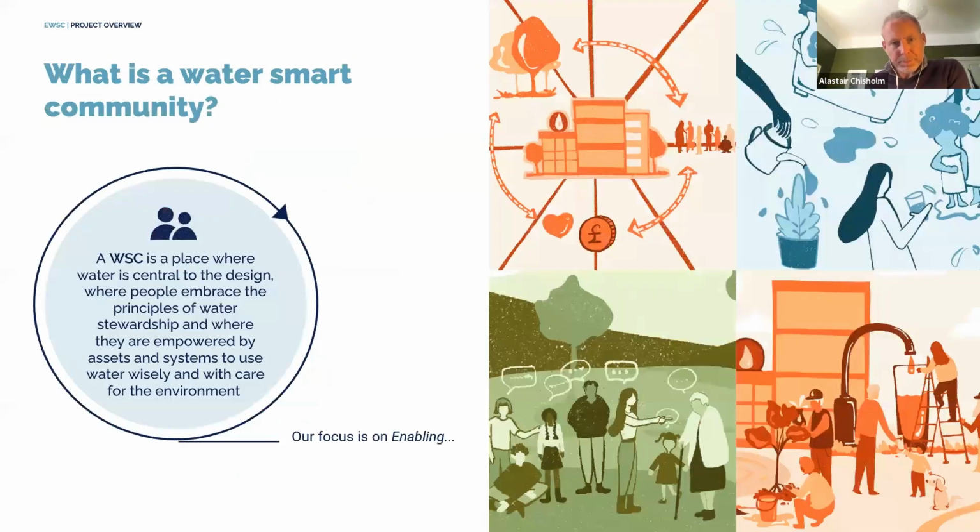George, next slide, please. So how do communities play their part in that? What is a water smart community? Well, basically, it is a development where water is a fundamental central factor to its design.